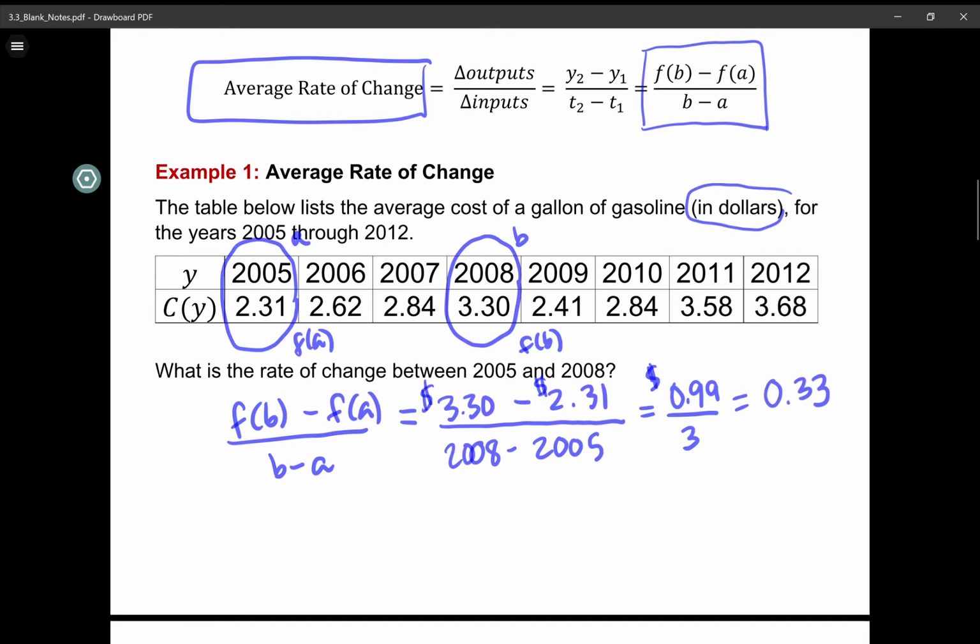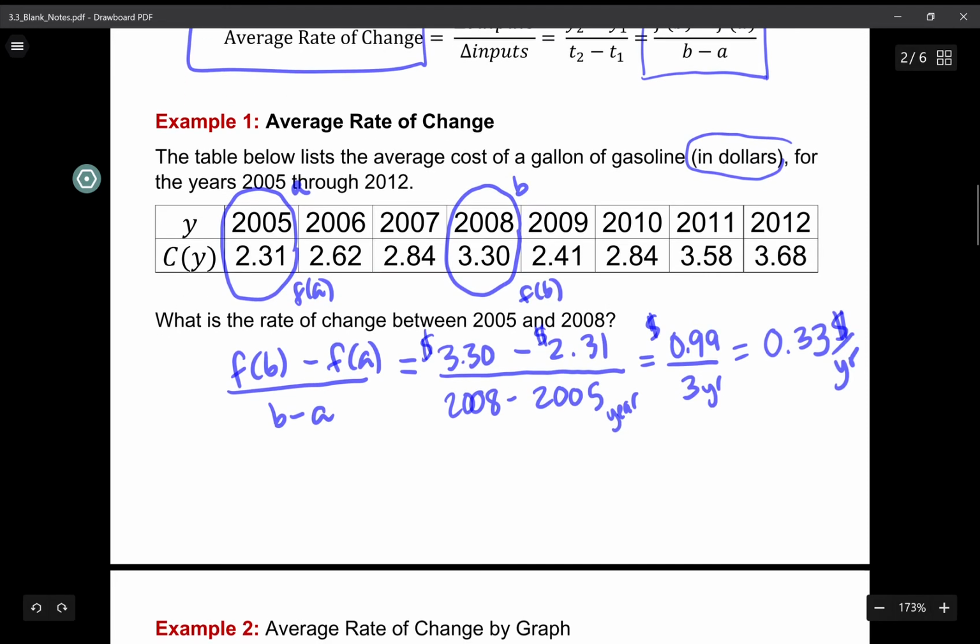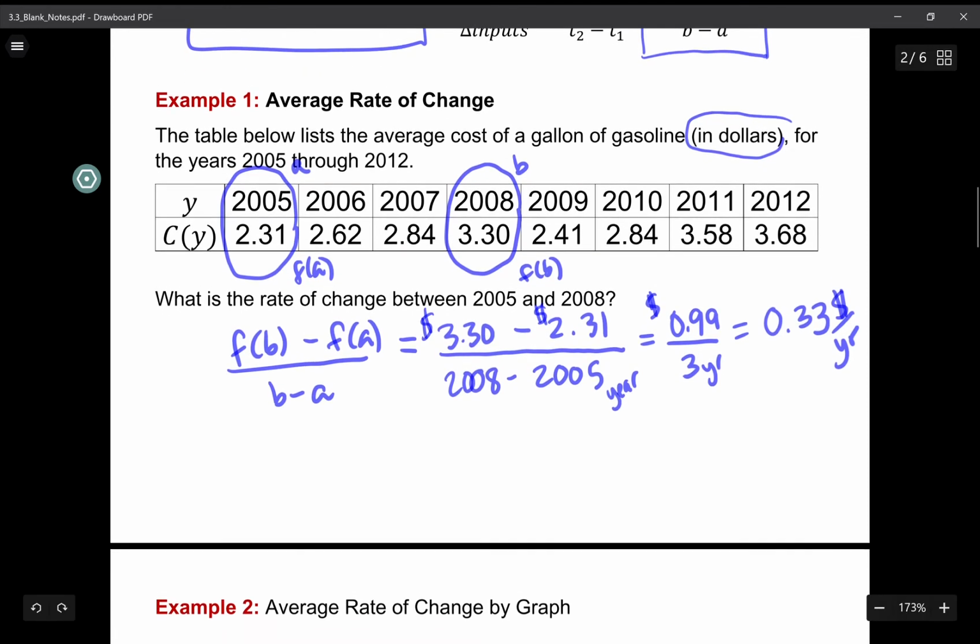In the denominator, the units are years, right? 2008 minus 2005, these are years. So we changed $0.99 in 3 years, or $0.33 per year. Now be careful. All right, so that's $0.33 per year for your average rate of change.